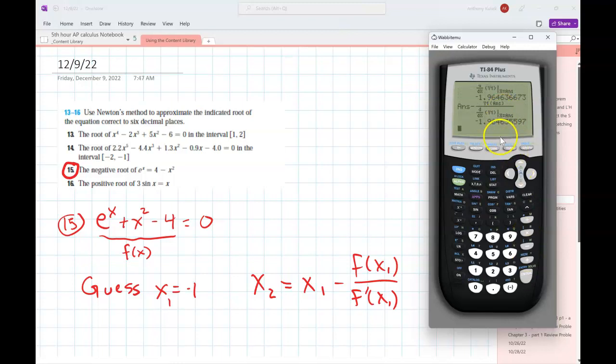So at this point, let's see, it looks like I have 1, 2, 3, 4, 5 decimal places correct. One more time. There we go. I got 6. So negative 2 might have been a better guess to start, but that's okay. Negative 1 got us there.